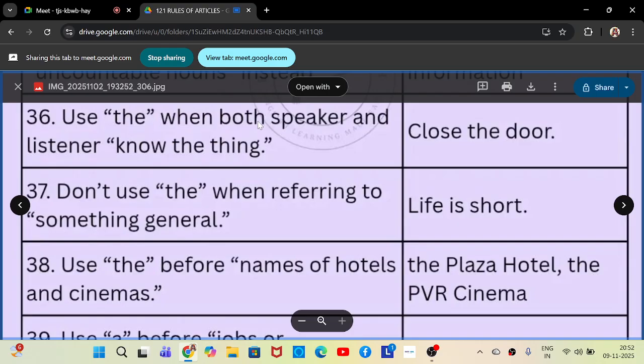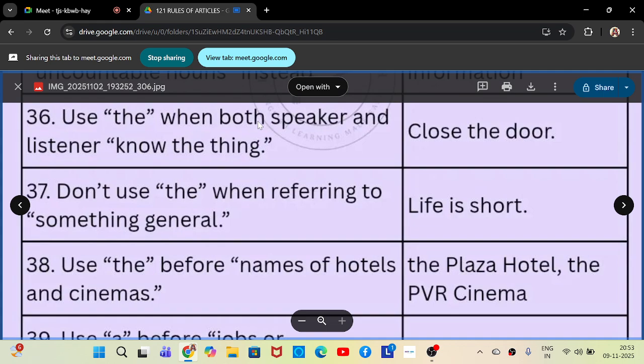For example, I can say the movie was very interesting. It means you understood about which movie I am talking. Okay. So in those cases, you can use the. For example, you can say close the door. It means you know about which door I am talking about, or you understood which door I am speaking about.